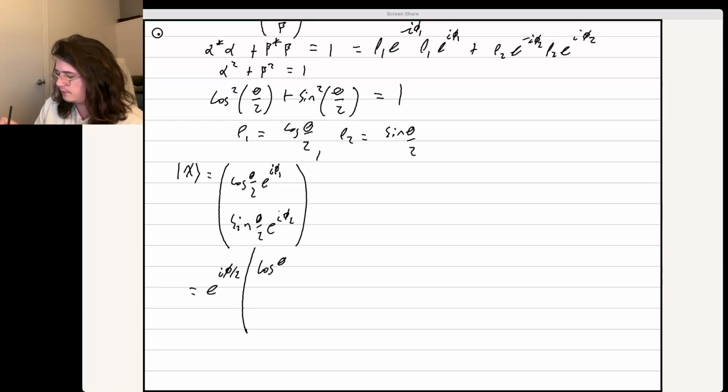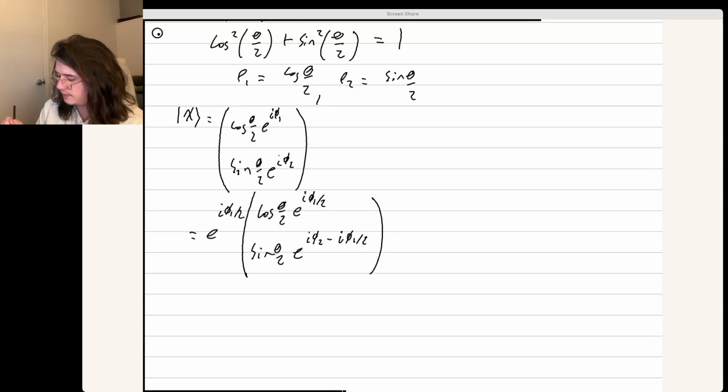And so you have cosine theta over 2 e to the i phi 1 over 2. Then the second component will be e to the i phi 2 minus i phi 1 over 2.